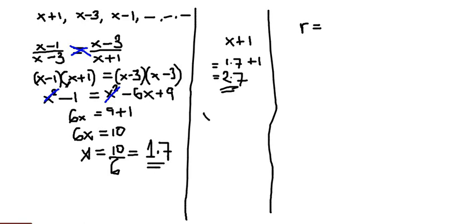The second term, which is x minus 3, would mean 1.7 minus 3, which will give us negative 1.3.